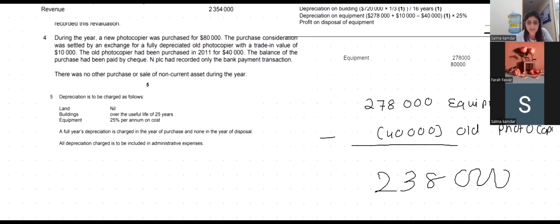So we've only paid 10,000. They have only paid 10,000 for the new photocopier. That is what they are telling. Purchase consideration was settled by exchange of a fully depreciated old photocopier. That means they have taken the new photocopier and given the old photocopier.